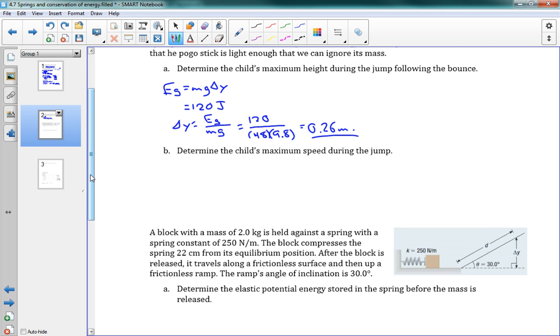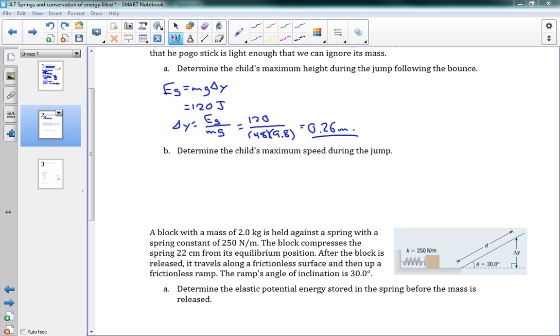And part B, determine the child's maximum speed during the jump. Okay, maximum speed. Well, I guess we need to figure out first where it's going to have the maximum speed.